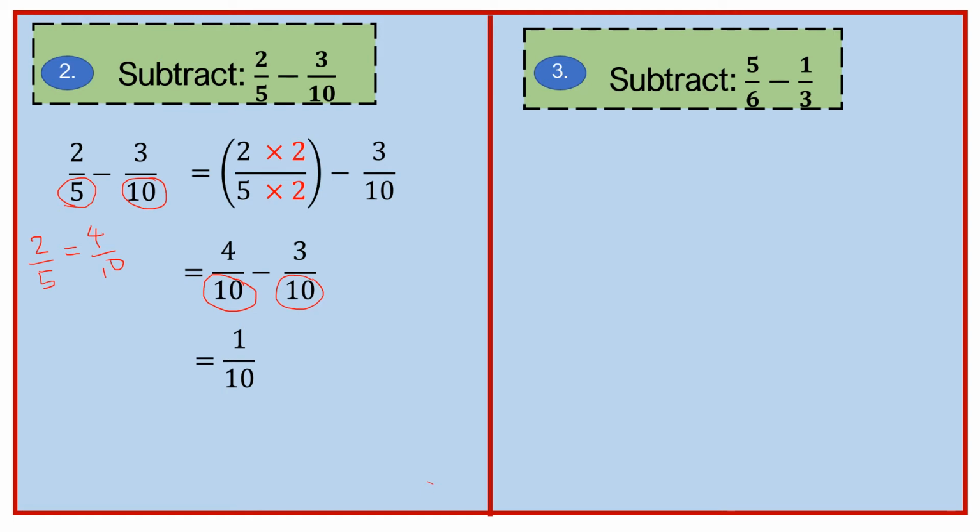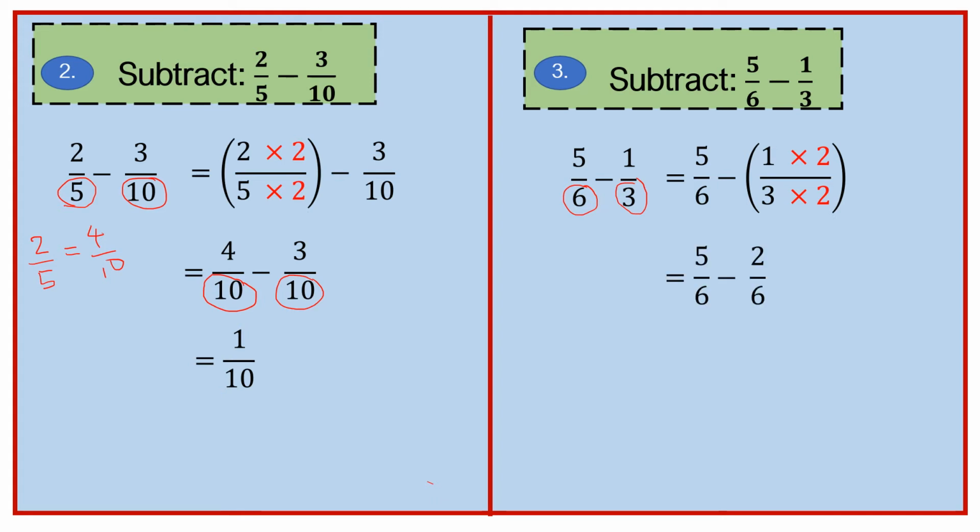In example 3, let's have 5 out of 6 minus 1 out of 3. Still, you see that the denominators are not the same. Here we have got 6, but here we have got 3. So, for that case, let's have 5 out of 6 minus 1 times 2 over 3 times 2.